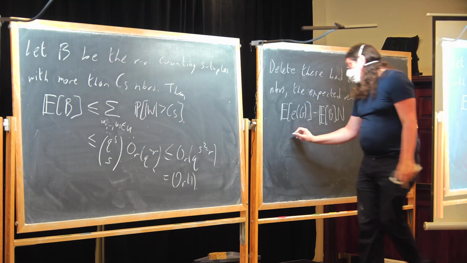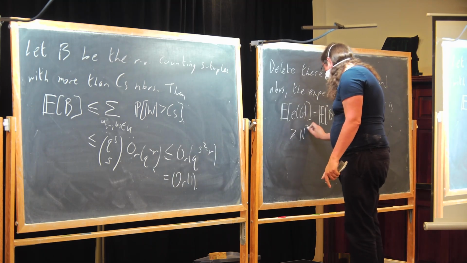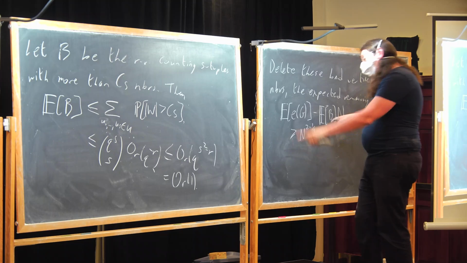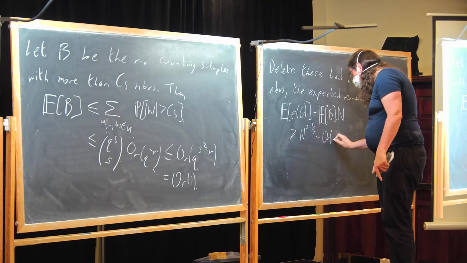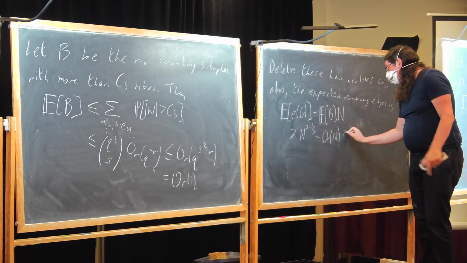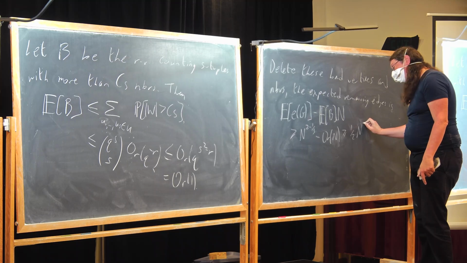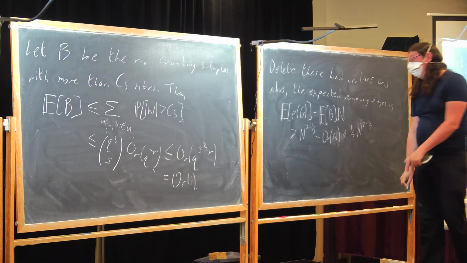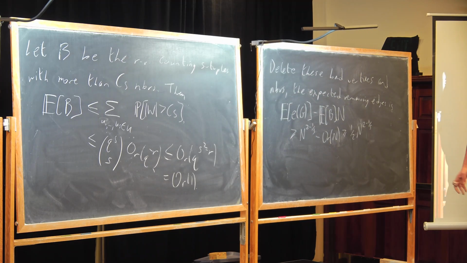So this is at least n to the 2 minus 1 over s minus big O_r of 1 of n, which is at least this. Okay. That's an expectation, but that means that such a thing actually exists, so you just choose a graph that has this property, and then you're done.